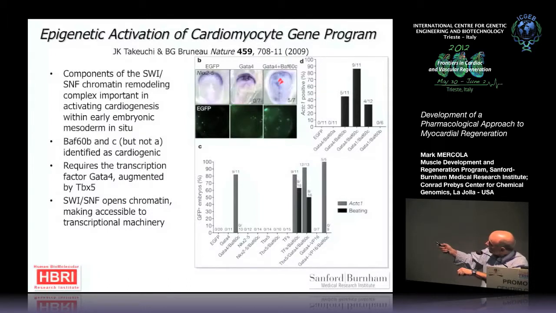I forget the marker that was used here. Oh, NKX2.5. You can see ectopic NKX2.5 in response to injecting constructs that would express the key subunit of the chromatin complex, BAF60C, along with these cardiac transcription factors. And this then brings that whole complex to activate cardiac gene expression. Okay?